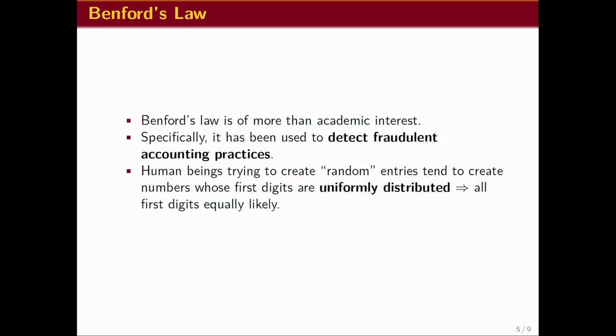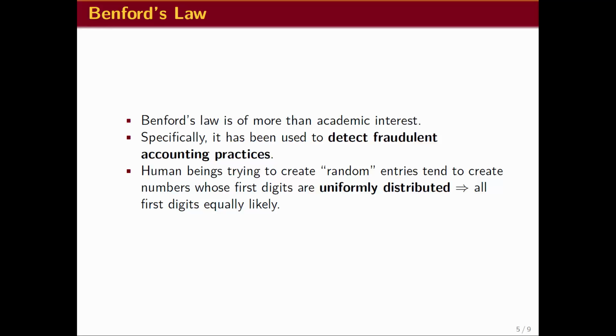When human beings try to create random-looking entries, they tend to create numbers whose first digits are uniformly distributed. They'll say, it doesn't make any sense for 30% of the numbers to start with a 1, that doesn't seem random at all.